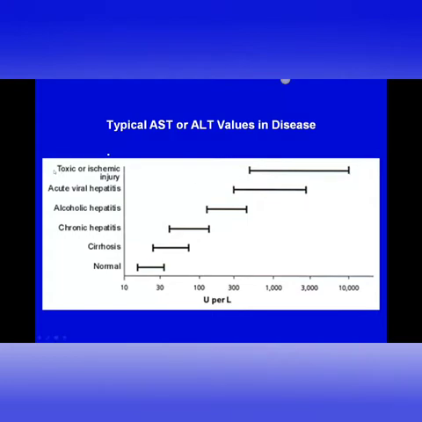So this is toxic, like the person who took the overdose of Tylenol that's broken down by the liver, or ischemic, they had decreased blood flow to the liver, so hepatic ischemia, and they have damaged the liver, and so the liver cells have released their enzyme, that ALT, into the system, and their AST, and so we have these very elevated levels. So in acute conditions, the numbers can tell us how severe or how much tissue has been damaged. The higher the number, the more tissue that's been damaged.